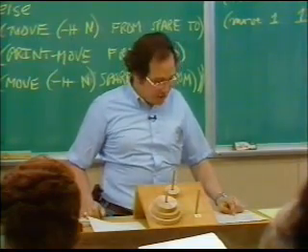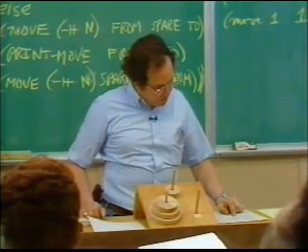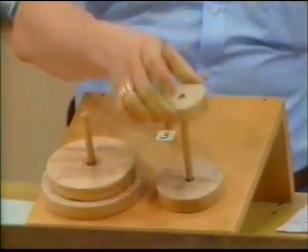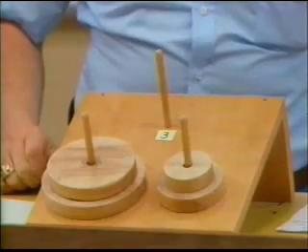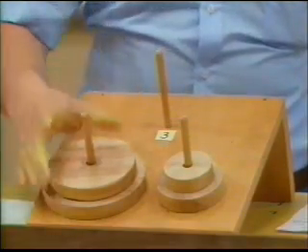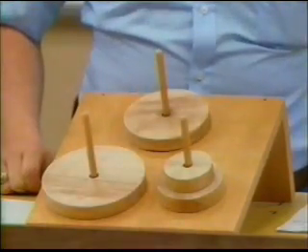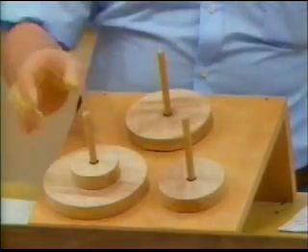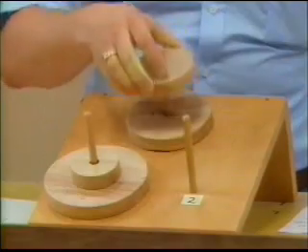Well, this thing just proceeds very simply. I move a disk from 1 to 2, then I move this disk from 3 to 2. Then I move from 1 to 3. Then I move 2 to 1. Then I move 2 to 3.